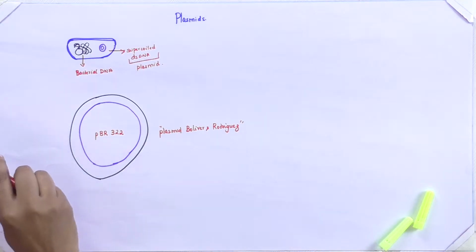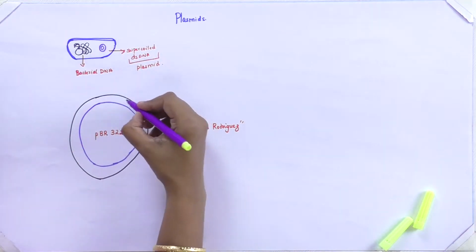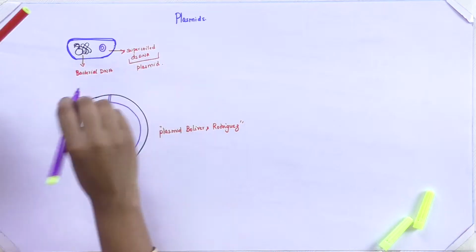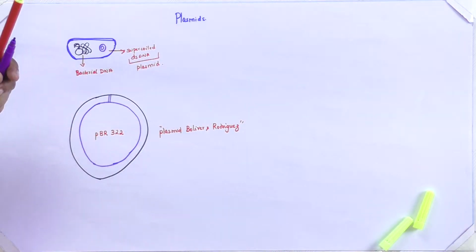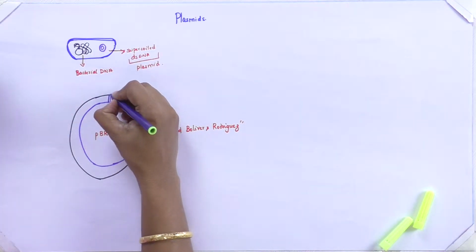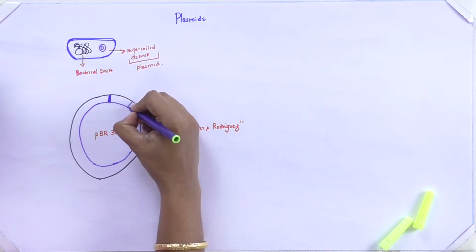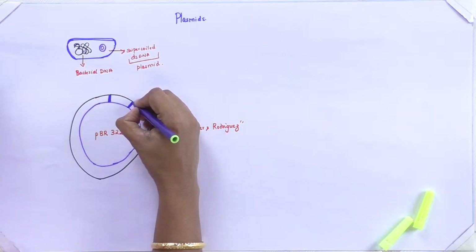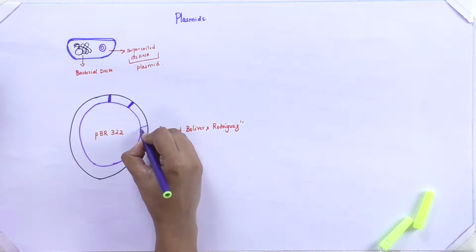So this plasmid is going to have, like I already mentioned, some restriction sites. You can take another color. This is going to have restriction sites. A plasmid will have at least 2 to 3 restriction sites.